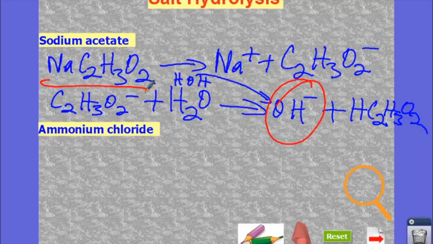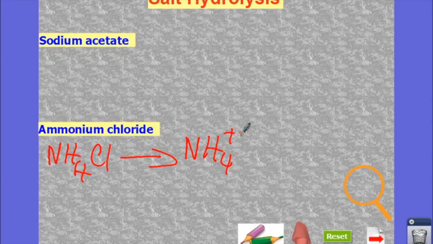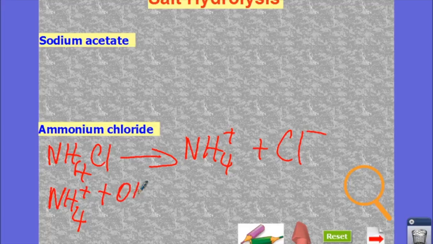Let me show you why ammonium chloride, we said, is acidic. Let's prove it. Ammonium chloride is NH4Cl. It is a salt. It is completely soluble in water, so it will produce NH4 plus and Cl minus. Now, that NH4 plus water, I can write HOH for water, H2O, to make it easier for you to see what's going on.